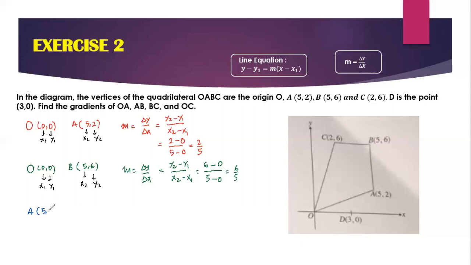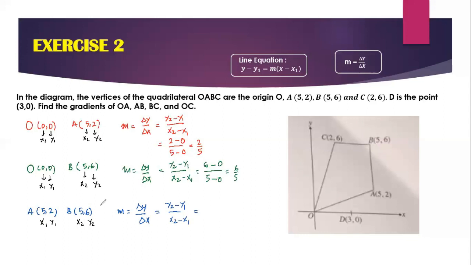A is (5, 2), and B is (5, 6). Right? So the gradient, okay, check again. Here is x1, y1, and here is x2, y2. Sorry. So the gradient is delta y over delta x equal y2 minus y1 over x2 minus x1.